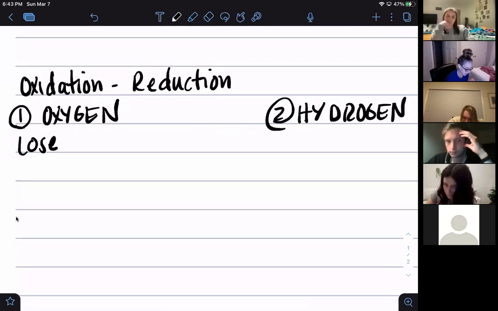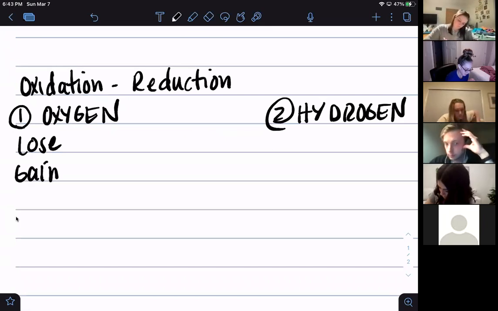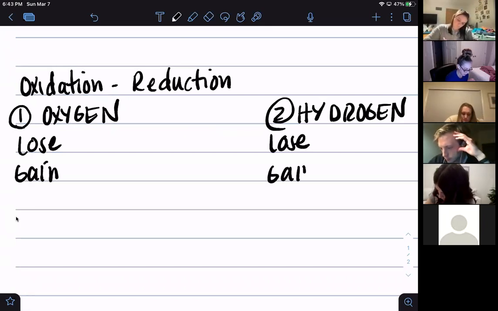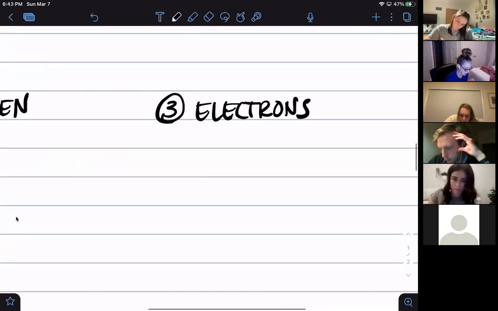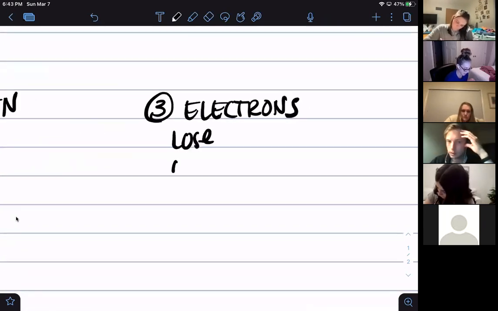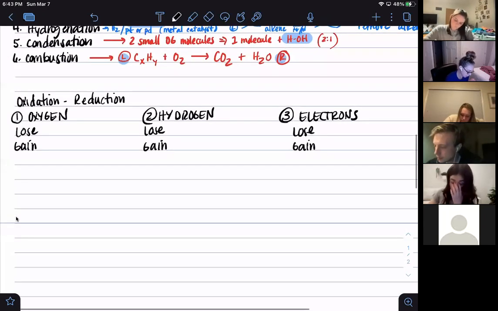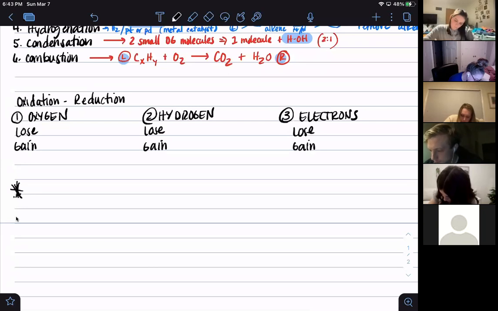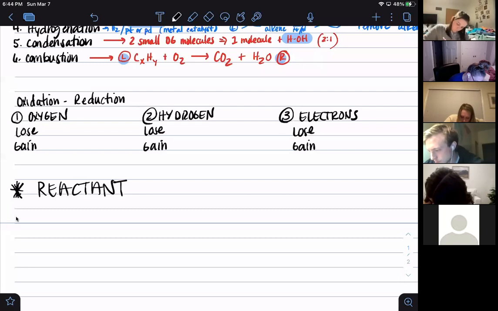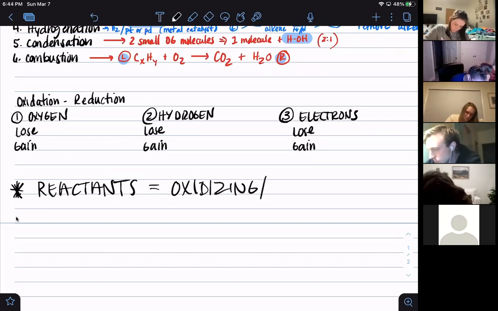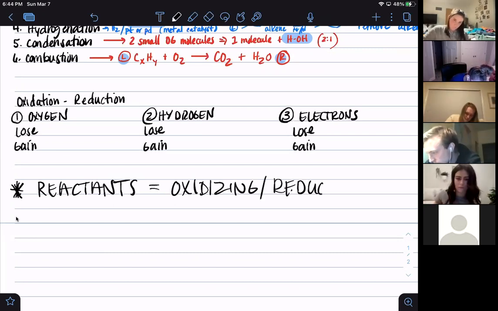First part, lose, gain, lose, gain, lose, gain. Okay, before we go in there, I'm going to make a big note. Reactants, always this. Key takeaway.